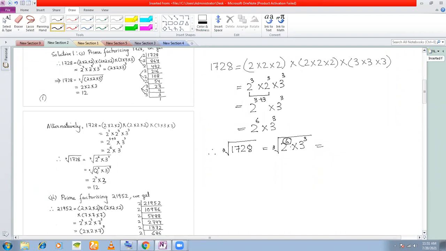In order to remove this radical, since I have a cube here, 3 here, what I can do is take 1/3 of this. 1/3 of 6 will be how much? 2 cube. And here, 1/3 of 3. Why I'm doing 1/3? Because I see there's a 3 here. Into 3 to the power of, this cancels, so we get 1.